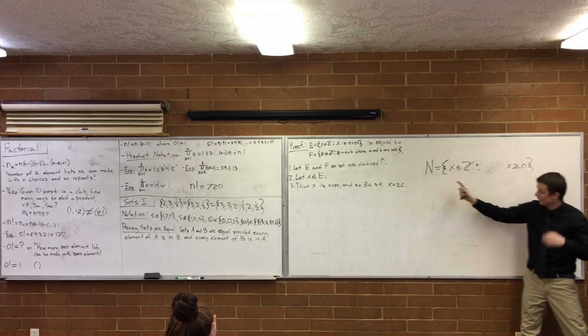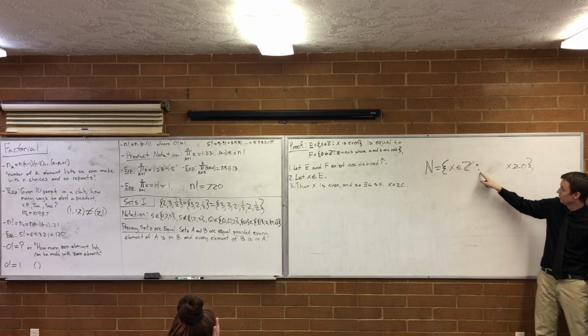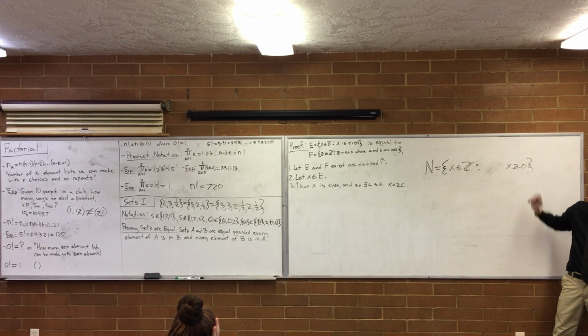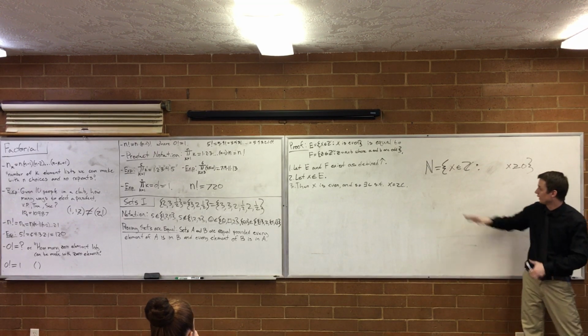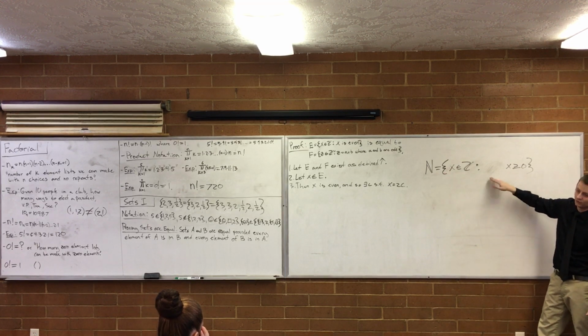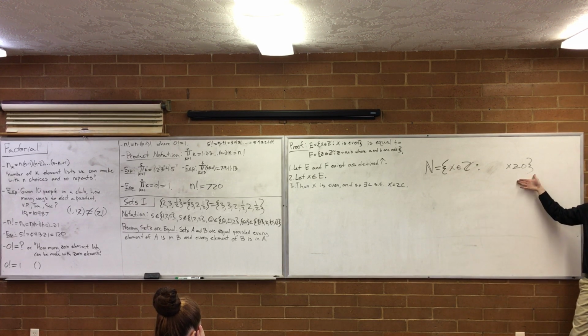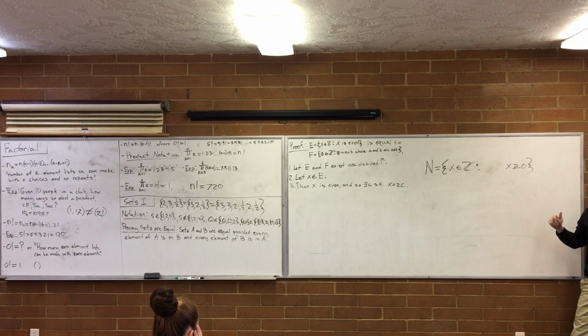Sorry, I read that wrong. N is equal to the set of all integers x such that x is greater than or equal to 0. So here's another way that we could represent the natural numbers using set builder notation.